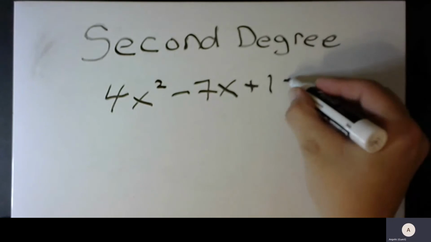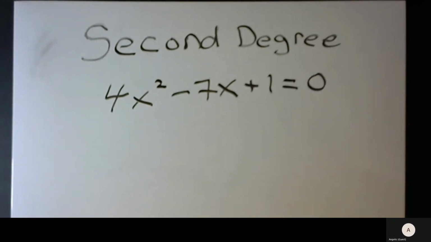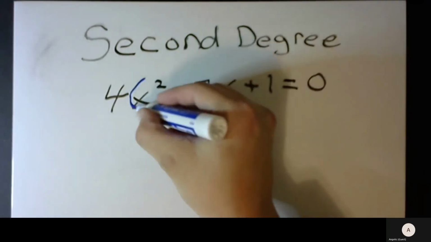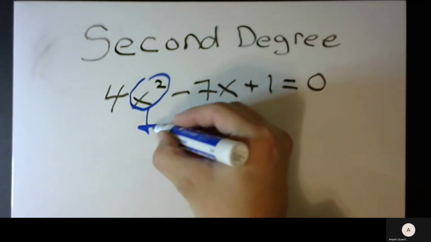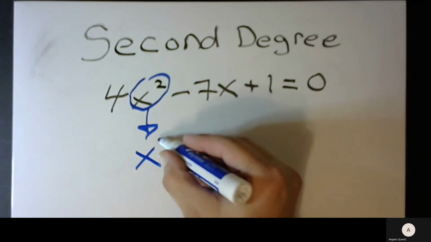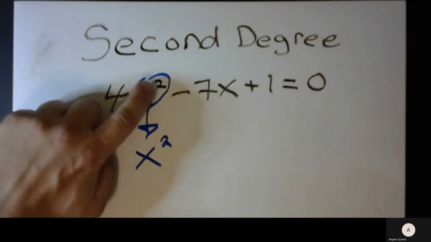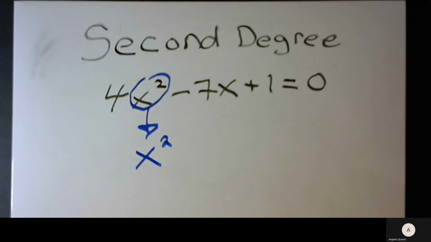I think I got it. All right. Well, then for the second degree, we're looking for the highest degree variable, the variable with the highest exponent. And that's going to be your second degree. So any questions about that?